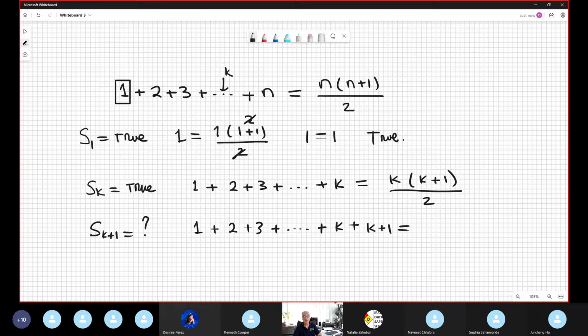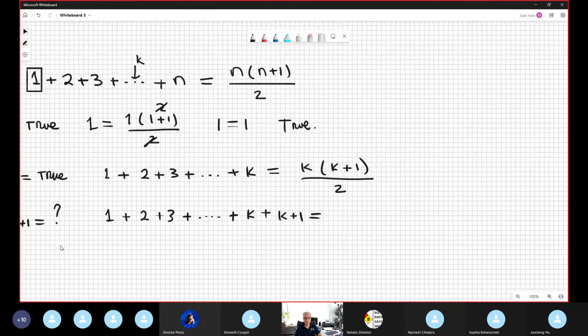Okay. In the right hand side, you replace k for k plus 1. This is k plus 1. This k is no k anymore, it's k plus 1. And this is not k plus 1 anymore, it's k plus 2, because one more. So you replace here for k plus 1, another k plus 1, of course. And 1 plus 1 is 2, divided by 2.